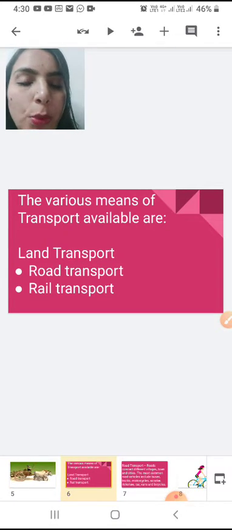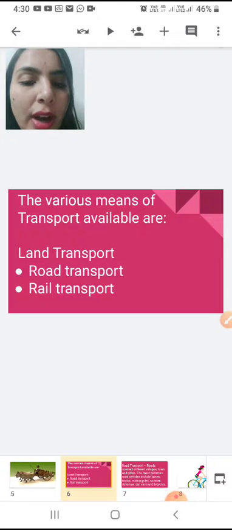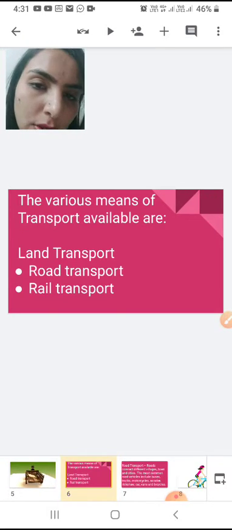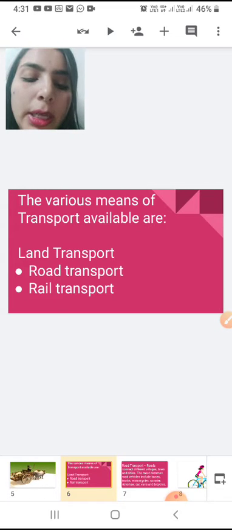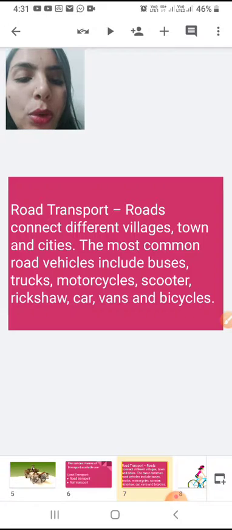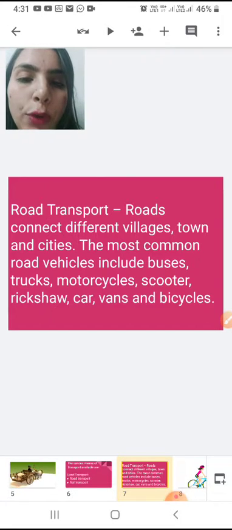In land transport, there are two different modes of traveling. First is road transport and second is rail transport. Let us study about this in brief. See, road transport. Roads connect different villages, towns, and cities. As you know, if you want to go from one city to another, we go through the road.